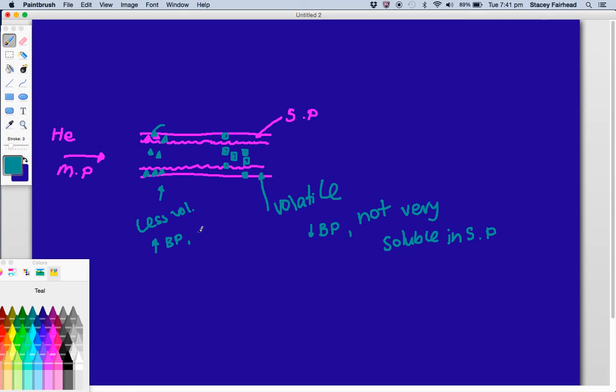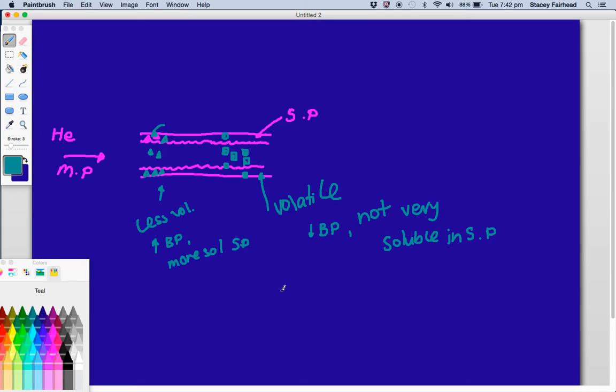And they're also more soluble in the stationary phase because that's where you're finding more of the molecules. And they're less inclined to enter into the gaseous phase and move along as they get swept up by the helium. So that's sort of how the gas chromatography allows you to separate out your different substances, for example.